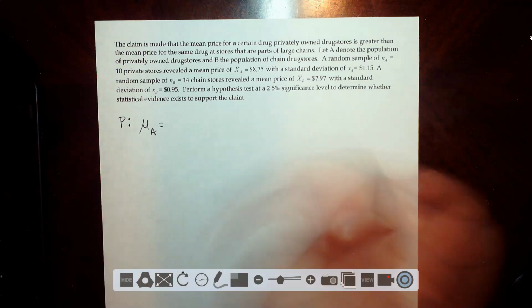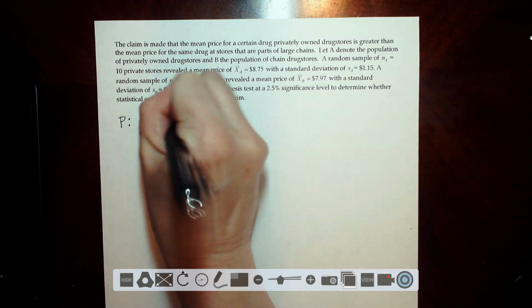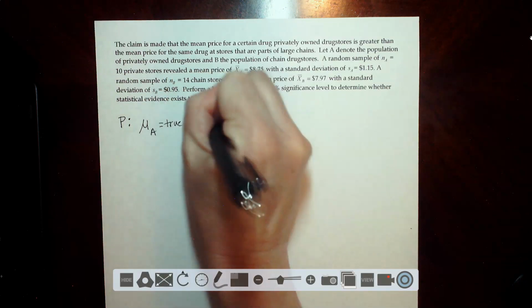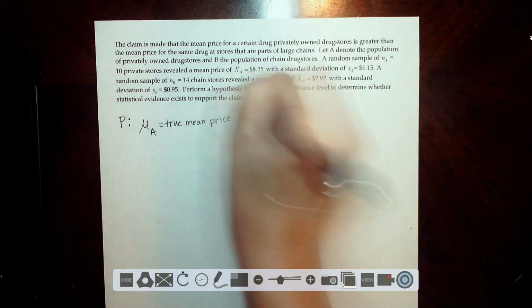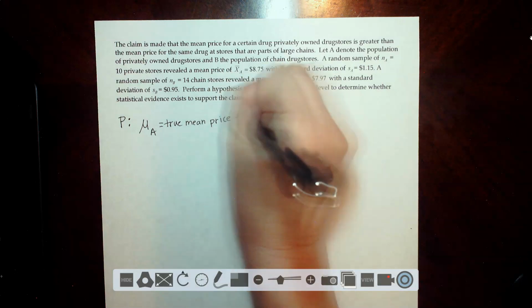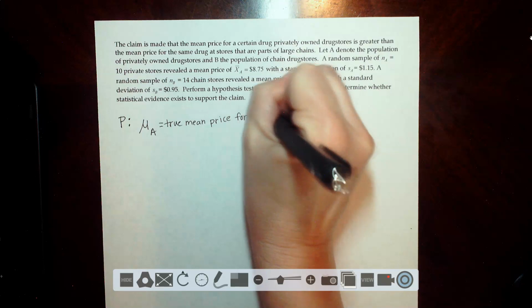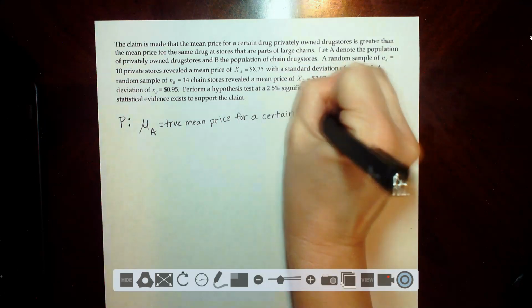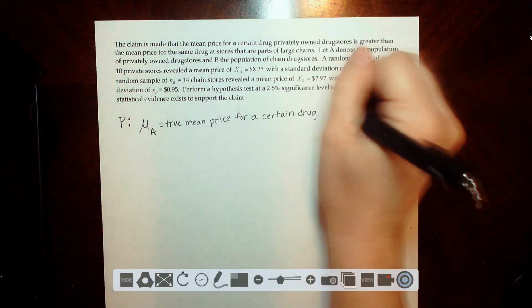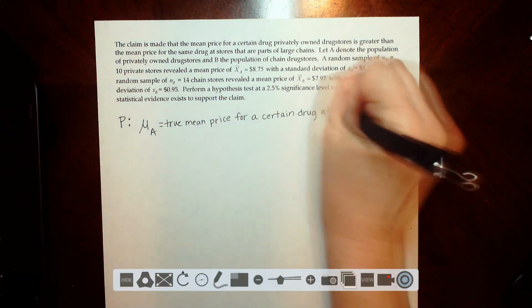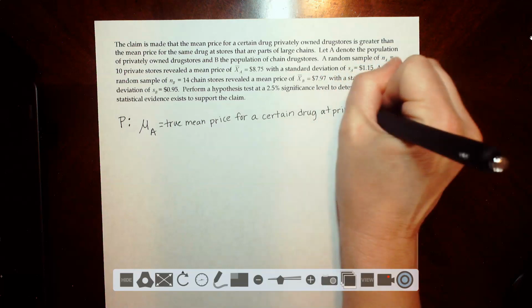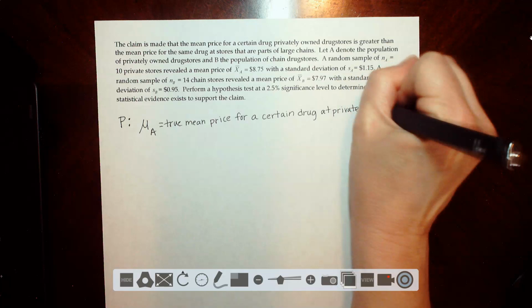So A is going to be the true mean price for a certain drug at privately owned stores.